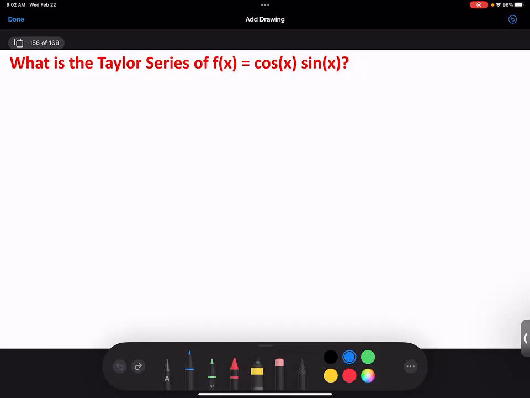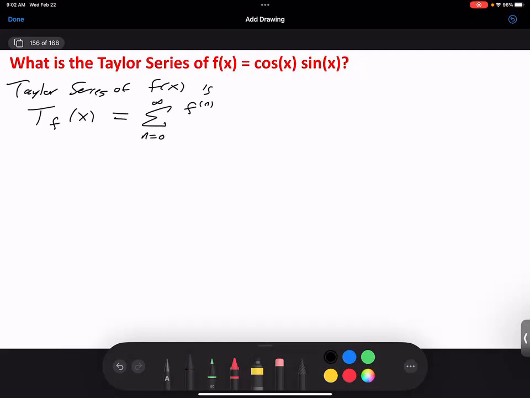So can anyone tell me a way that we could calculate the Taylor series? Depending on how extensive you want your notation to be, the Taylor series of f of x, T subscript f to remind myself that it depends on the function f, is the sum, n goes from 0 to infinity, of the nth derivative at 0 over n factorial times x to the n.